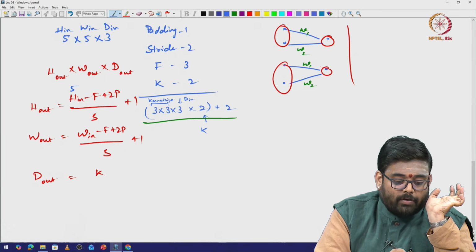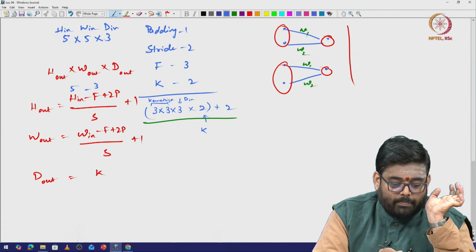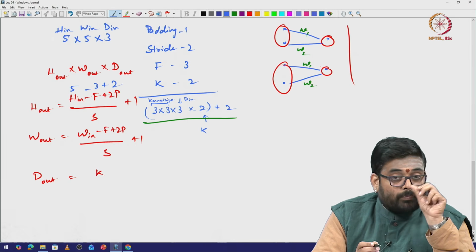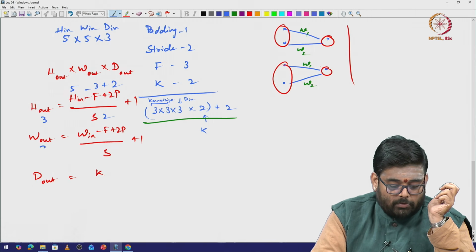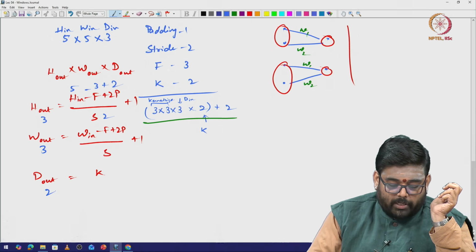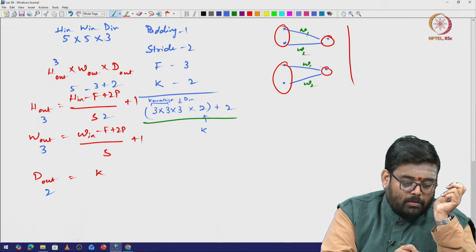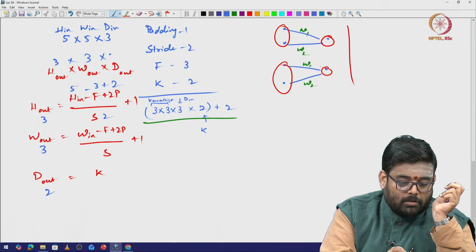So this is (5 minus 3 plus 2) over 2, plus 1. Now this is 4 and this is 2. Therefore this will be 3, this will also be 3, and this is 2. So the output will be 3 cross 3 cross 2.